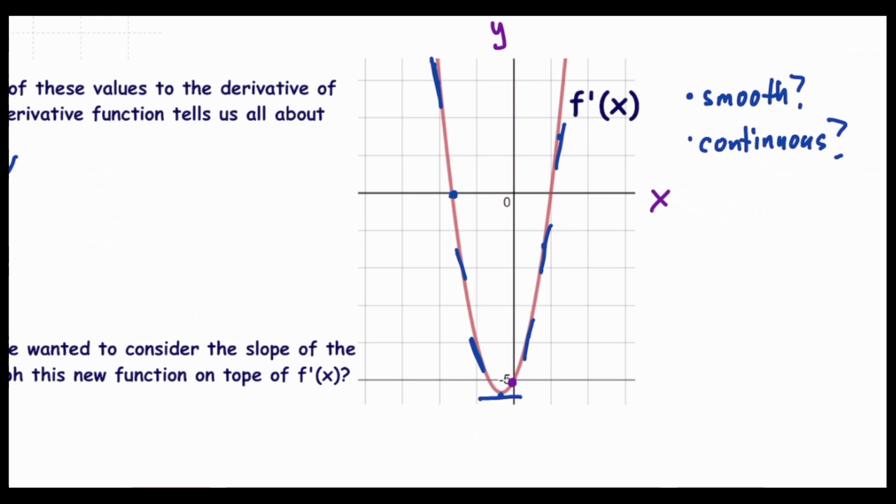What do I know about it? Well, I know that at this point here, when x is equal to, looks like about -1, it's going to have a value of 0. So slope at this point is 0.